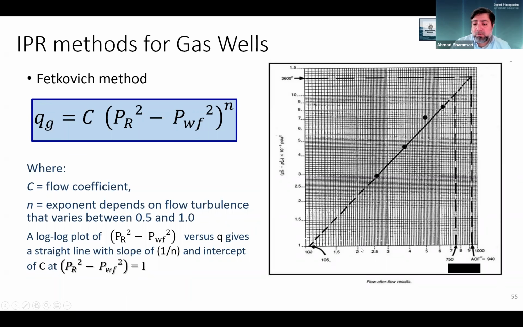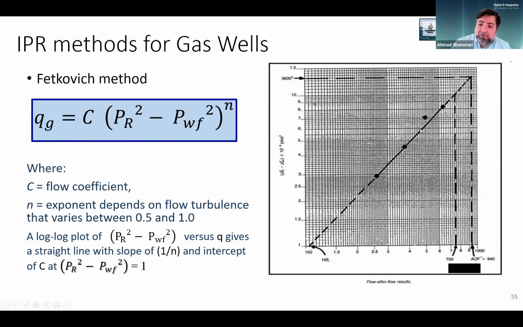So now, what are we going to do? We are going to plot Q versus P reservoir pressure squared minus PWF pressure squared, okay? And then we will try to find a straight line that will fit all these tests, all right? And then from this curve here, we are going to find two important parameters.